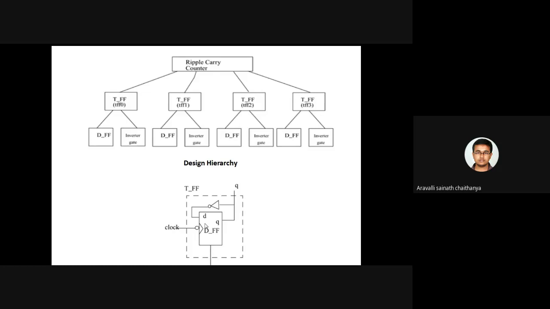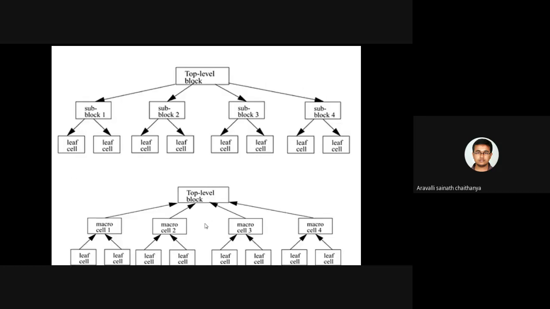Now coming to the bottom-up approach, what is happening? The flow will be in the opposite direction. That is, we can build a D flip-flop by a combination of AND gates or OR gates, right? So a standard D flip-flop is developed by AND gates and OR gates.